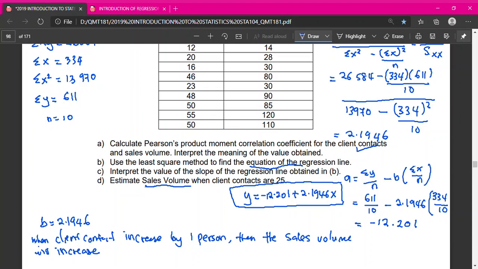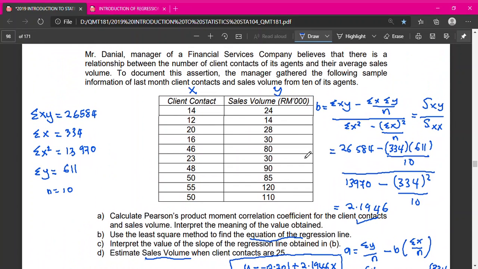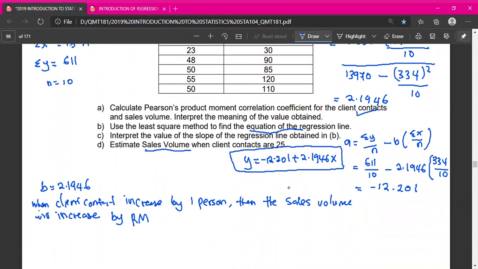Will increase by berapa unit, you kena tukar dalam bentuk RM. So kat sini sudah RM in 1000, so you kena tukar dalam bentuk 1000, so it will be RM 2194.60. Okay, when the client contact increase by 1%, or when 1% client contact increase, then the sales volume will also increase by RM 2194.60.